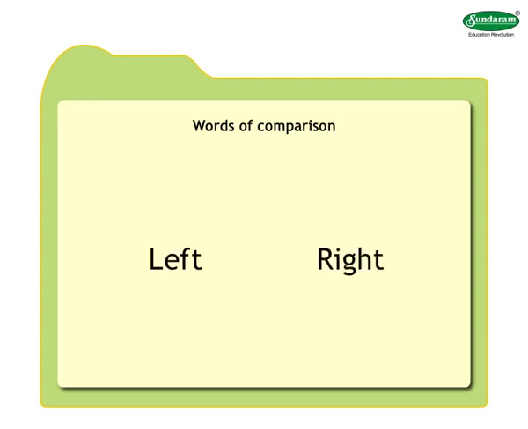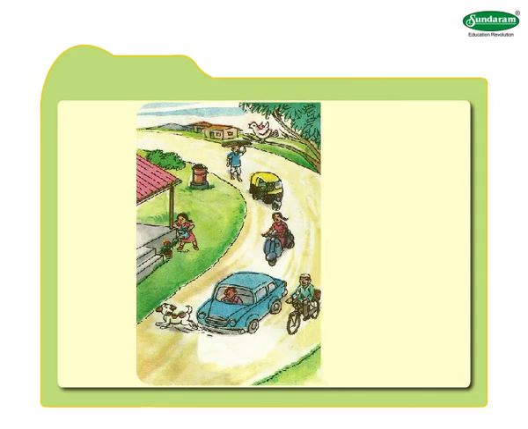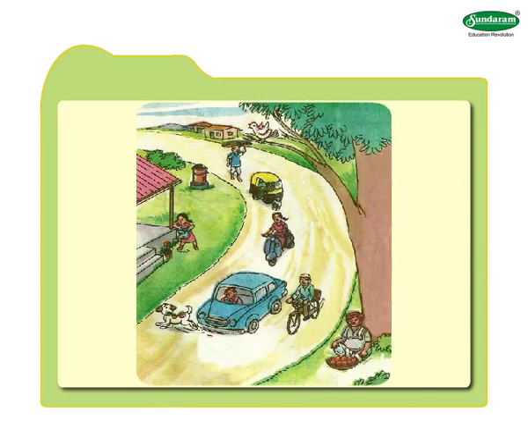Children, I am sure you all are familiar with the words left, right. Now, imagine that you are walking on a road. You can see many people, trees, birds, animals, vehicles. We use many words regarding position of these objects, means where you can see them.